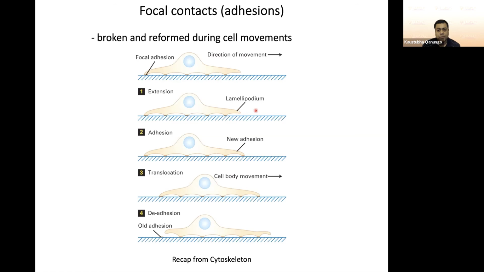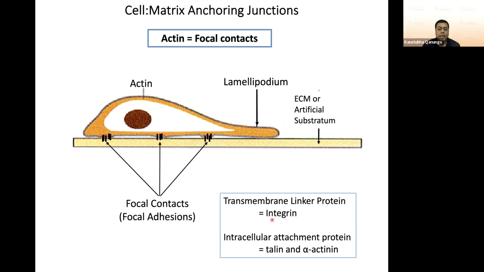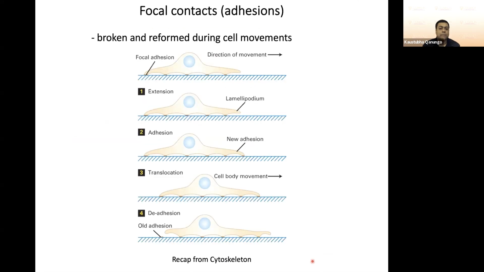So the cell is moving towards the right side. You can see the new adhesion. This will touch down. And right here, you can see that this is the old adhesion, which is a de-adhesion. So here you can control these movements like this. So this is your focal contacts, and again, with the help of the actin and the related proteins, which is the integrin and talin and alpha-actinin.